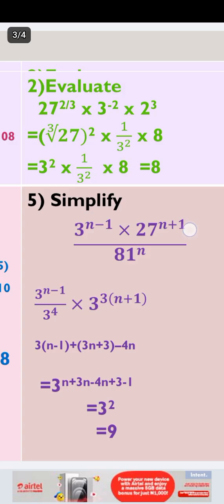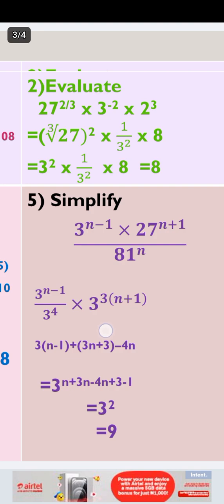It becomes 3 to the n minus 1 times 27, which is 3 raised to the power 3, all raised to the power n plus 1.